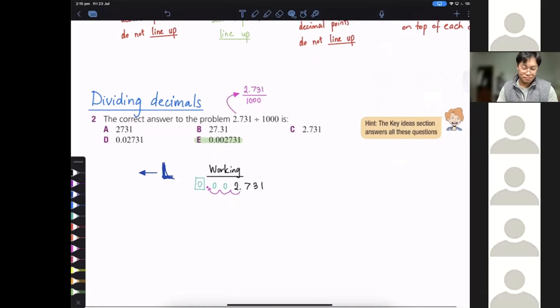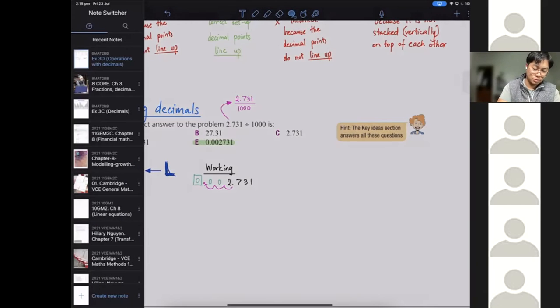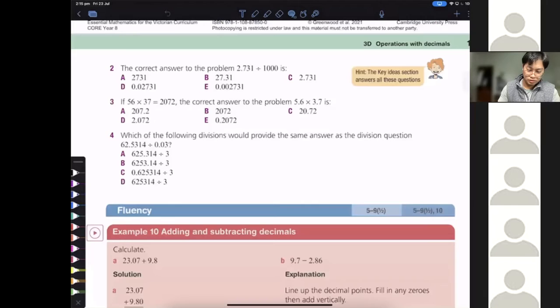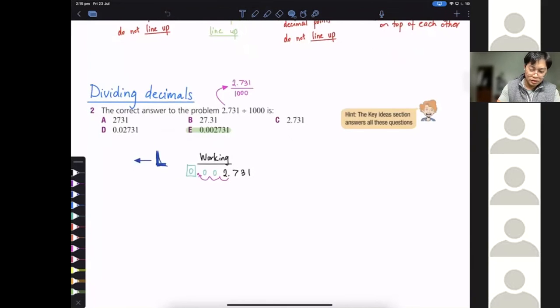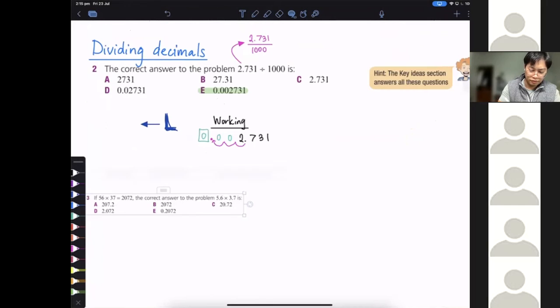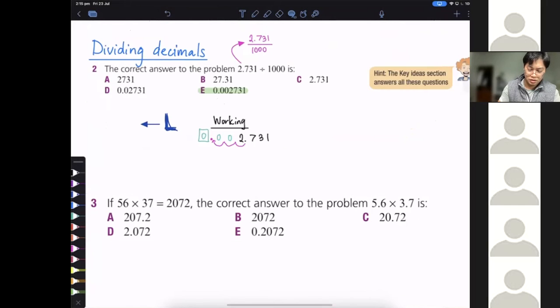So going back to here, that was question number 2. If we have a look at question number 3 here, this is talking about multiplying decimals, sorry.